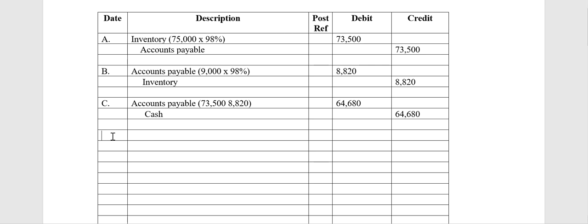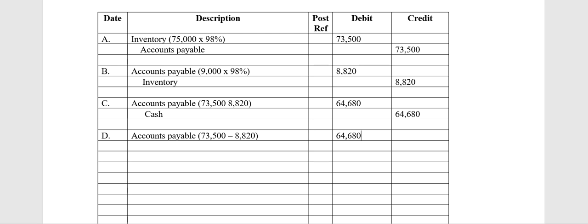In part D, it said to assume that we are paying the invoice, but we're paying it after the discount period had expired. So we still have to debit our accounts payable because we're reducing our obligation. It's still going to be for the $64,680. We can't, in fact, remove it for more or less than what's already in the account.